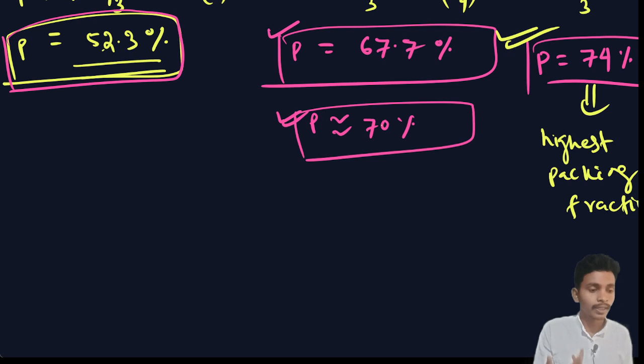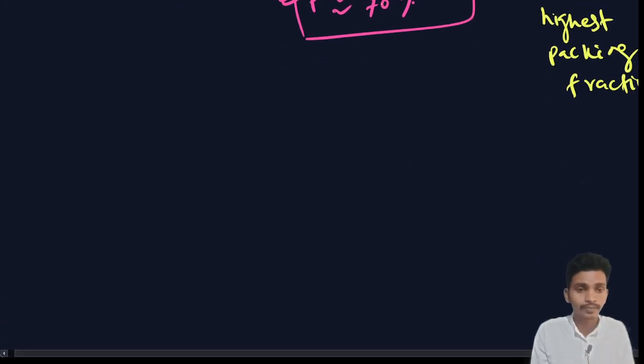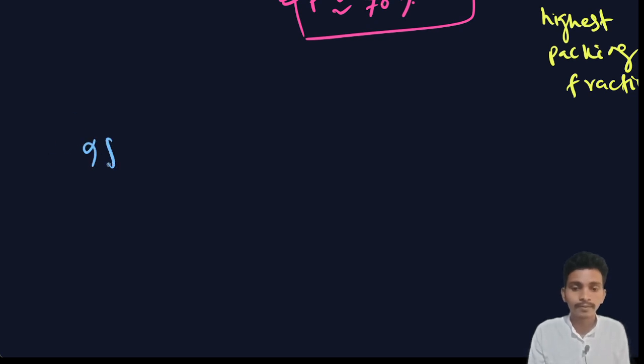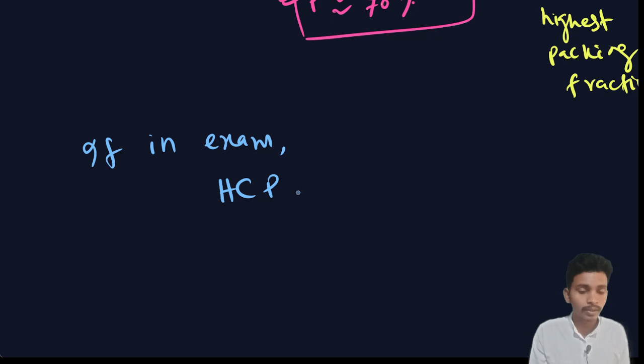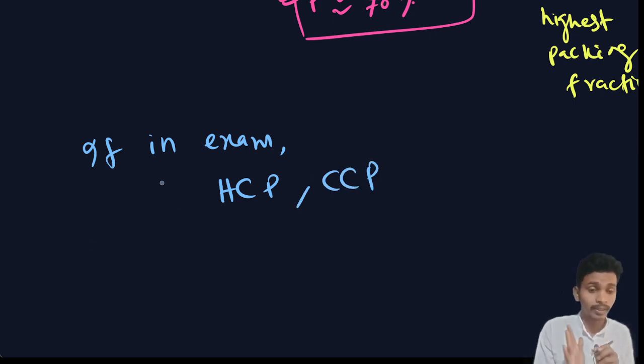Okay, for FCC. And note that we may get confused in the exam. If the exam gives the packing fraction of HCP, or it may ask for CCP, in that case what is the packing fraction?